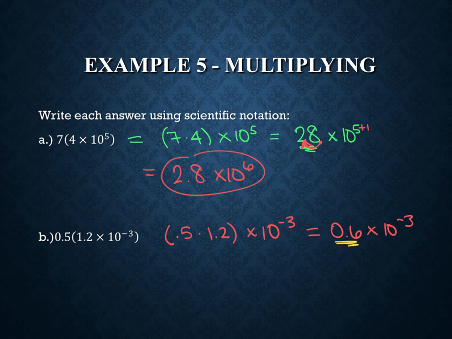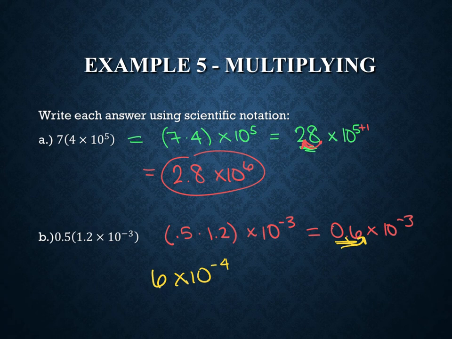However, I can't have this 0.6 because that's not a number in between 1 and 10. So I'm going to have to move my decimal place over here, so I end up with 6. And because I'm moving my decimal place, in this case I'm really subtracting 1 because I need to make this number bigger, not smaller. So this is going to make that 6 times 10 to the negative 4th.